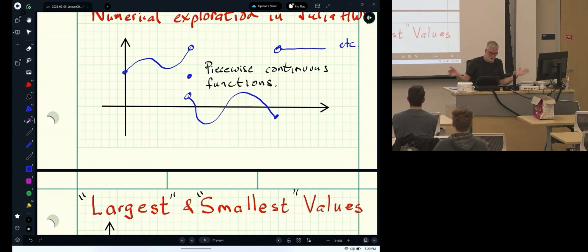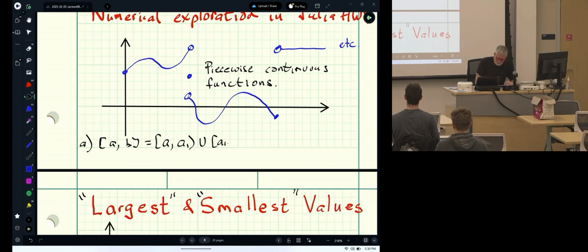So wherever there's a jump, the limits from the left and to the right at the endpoints exist and are finite. So we're assuming AB can be decomposed as, say, A1 union A2 union, dot, dot, dot.